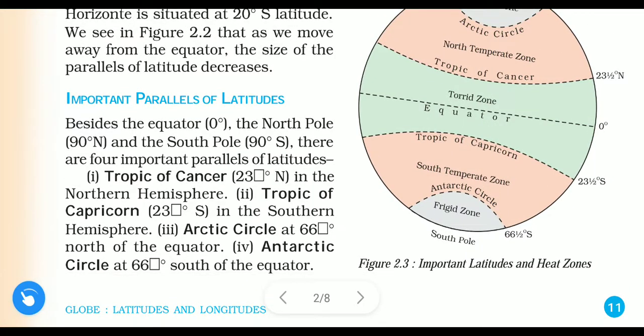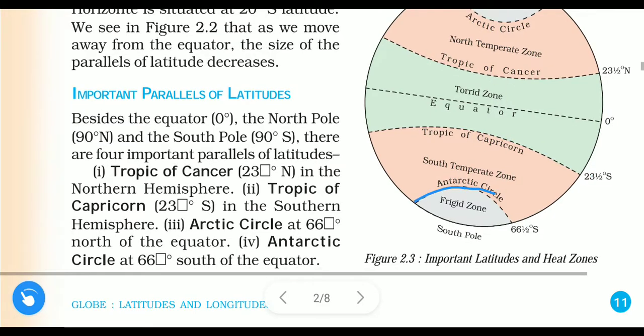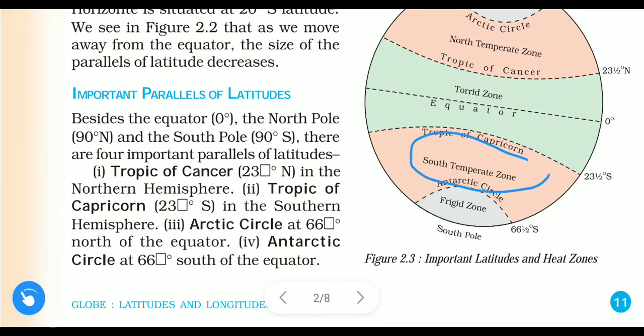Similarly in the southern hemisphere, between the Tropic of Capricorn and the Antarctic Circle, the temperature is moderate. This is called the southern temperate zone. This is also a temperate zone.